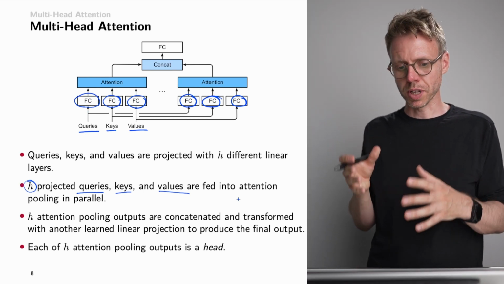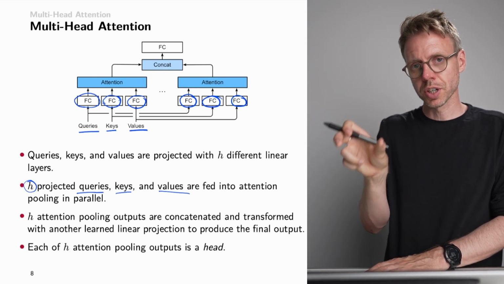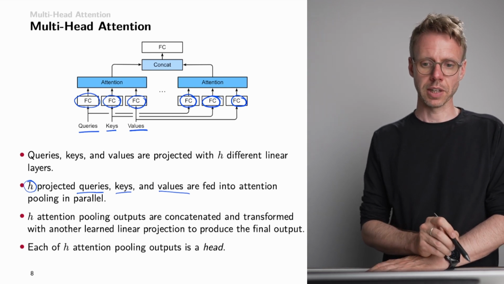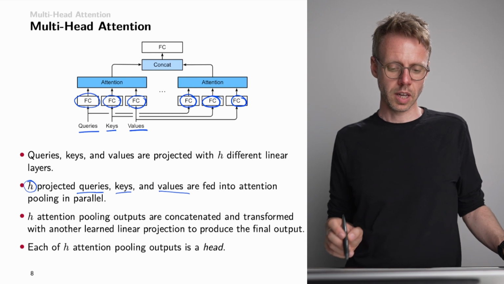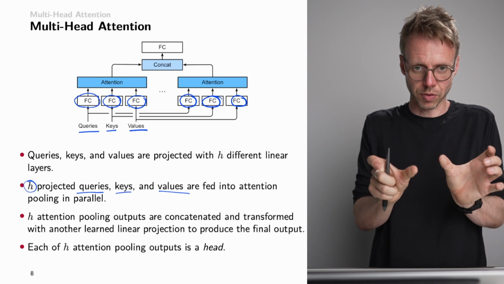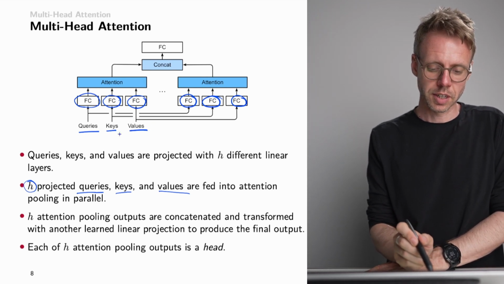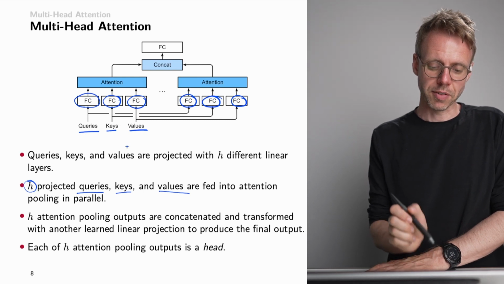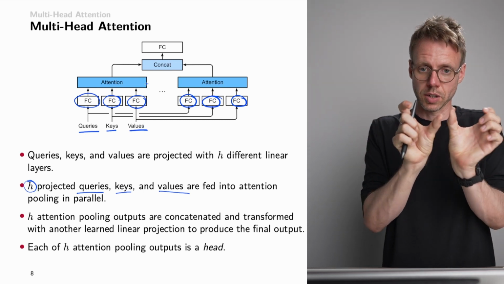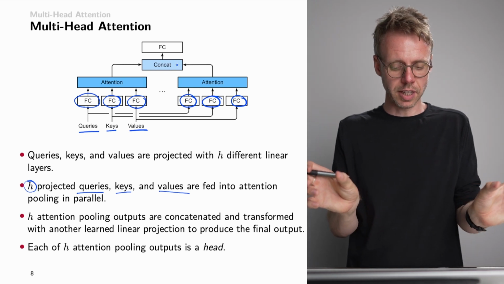You don't do that just once, but you apply the same attention layer now to those h differently transformed queries, keys, and values. And that computes you different forms of these attention layer outputs, which are different weighted averages of these transformed values. And you put them all into one vector that concatenates everything.